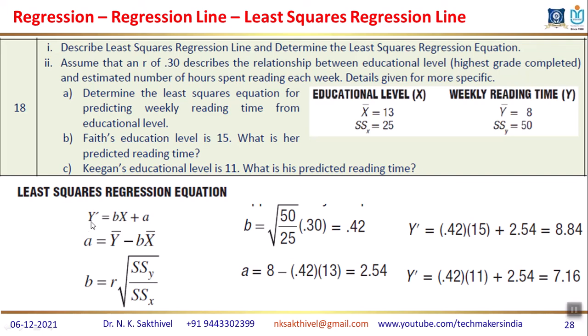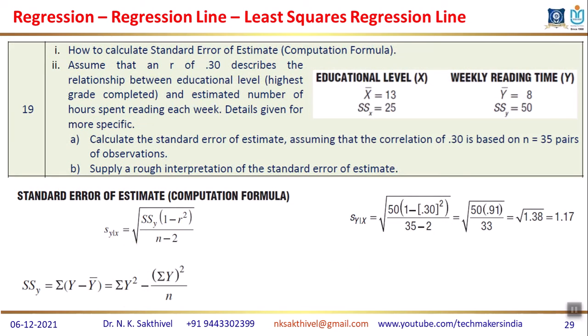From that I am calculating the different value Y. So with respect to X, I am calculating Y. That means Y is dependent on X. Please don't forget this, and based on that you solve the problem. The standard error of estimation is the standard error of the Y value we are predicting with respect to X.